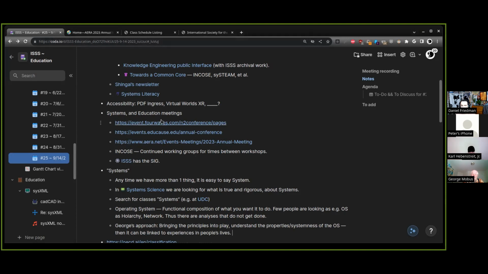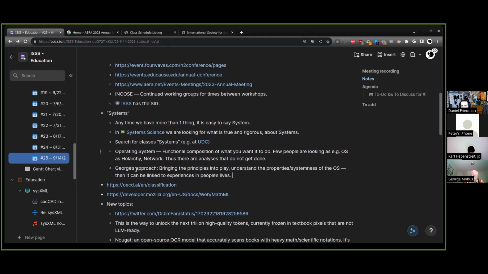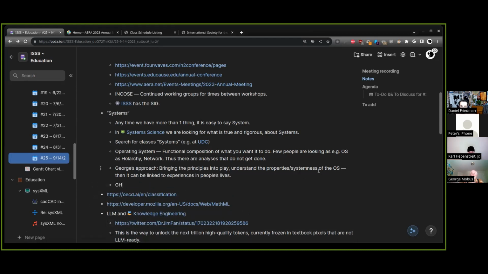So that's the thing, I think: if you take a look at any area of study that says they're working on a system, and then you look at it in detail, what systemness are you actually looking at? Or are you just treating all these things, because they're connected, still in a reductionist or purely reductionist manner?